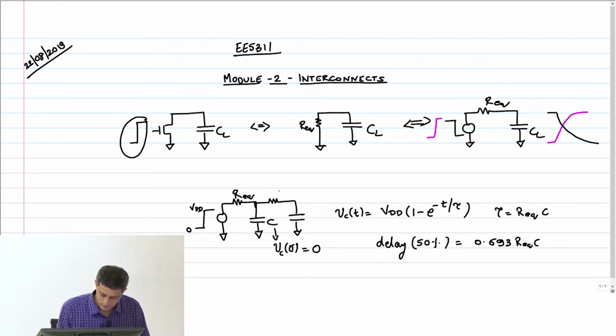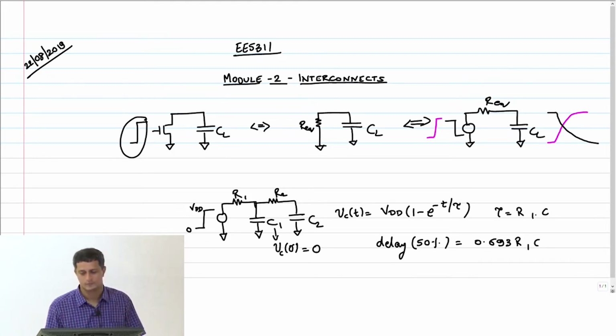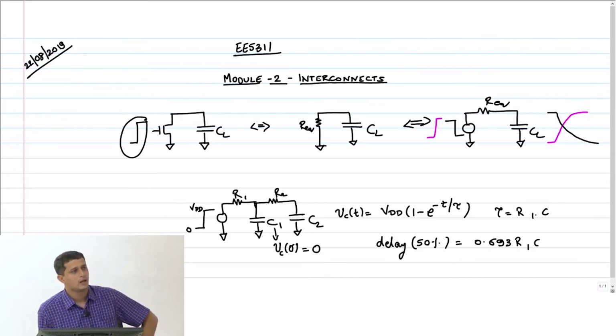So, this is R2 C2, this is R1 C1. What will happen if my capacitor is loaded with another RC thing?